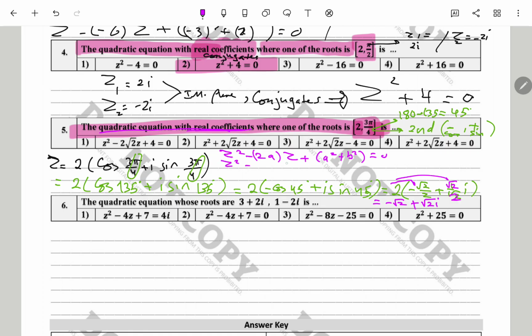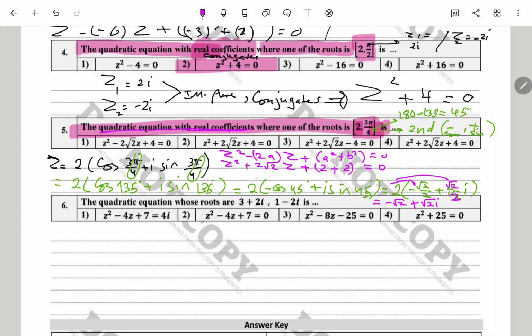Z squared as it is, minus 2 times negative root 2, and that will make it positive, with a z, finally plus a squared, that means negative root 2 squared, which gives 2, plus b is root 2 also, squared gives 2.